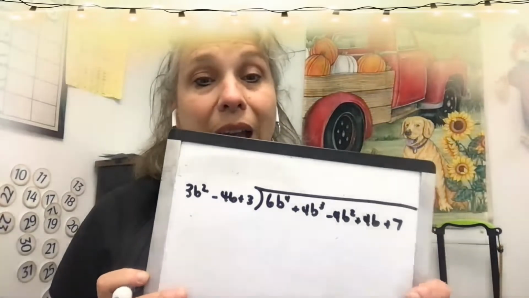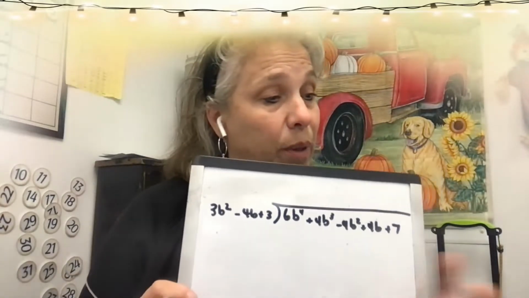Here we go. It's 3b squared minus 4b plus 3 into 6b to the fourth plus 4b cubed minus 4b squared plus 4b plus 7. Now, I would recommend you have some room on your paper.